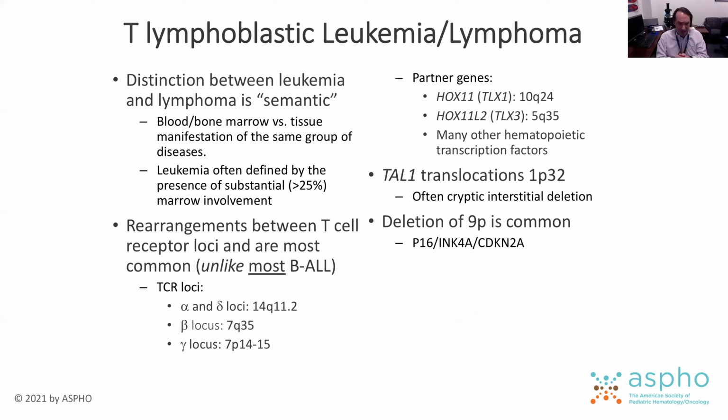Unlike in BALL, except in certain cases, TALL is commonly associated with translocations between the T cell receptor loci, more like B cell lymphomas, and other oncogenes that are involved in normal hematopoietic differentiation, including HOX and HOX-like genes, as well as many other transcription factors, including TAL1, many of which are cryptic to cytogenetics. As I said, deletion of chromosome 9p in the CDKN2A locus is common.